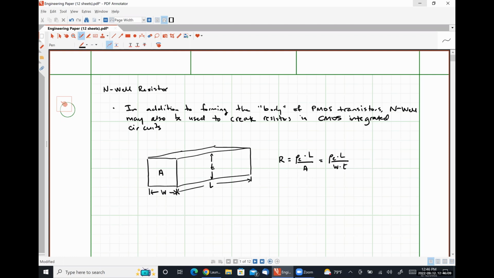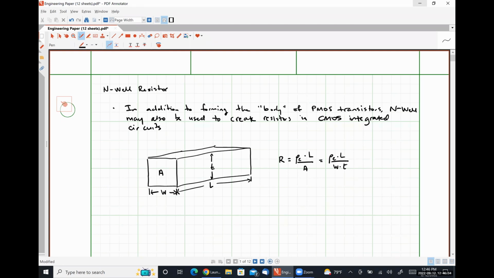and the thickness. Now, why this is important is because in a semiconductor fabrication process, all of the N wells will have the same depth or thickness into the substrate, meaning that the thickness of all the resistors is a constant value.